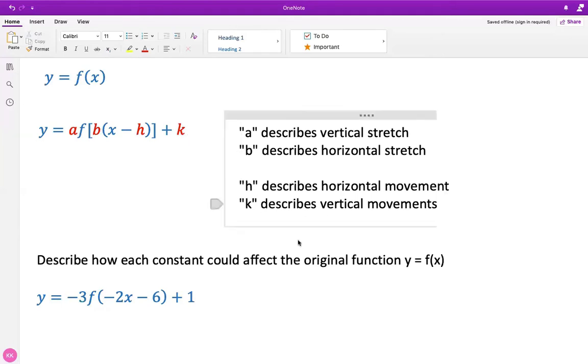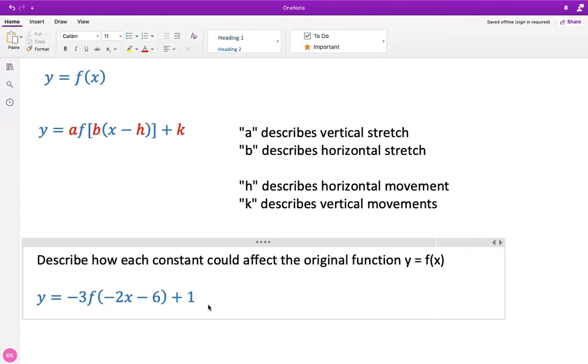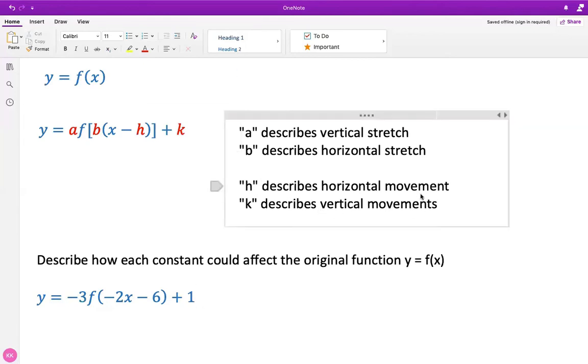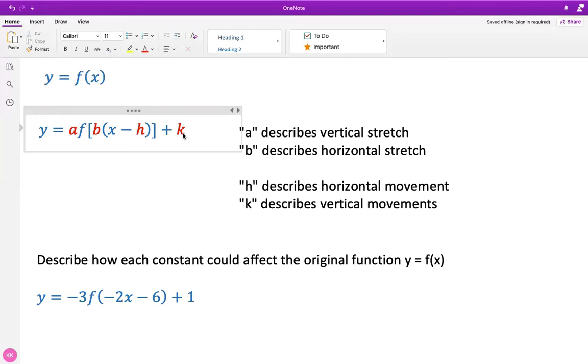The k here describes the vertical movement, so I move this graph upwards or downwards, and it only affects the y-coordinate. You should pay attention that the constant inside the bracket only affects the horizontal movement, but the constant outside the bracket only affects the vertical movement.